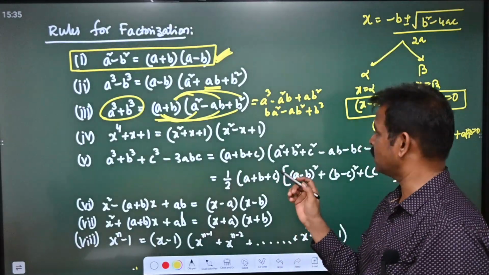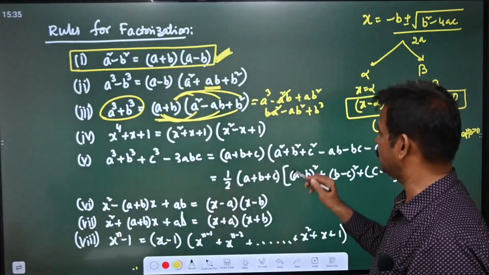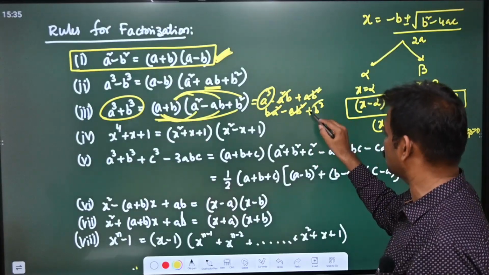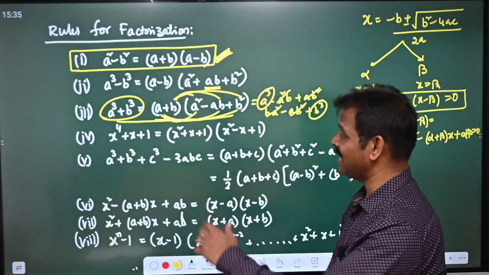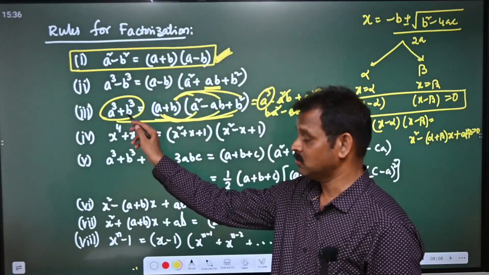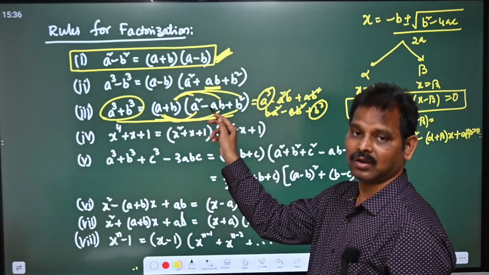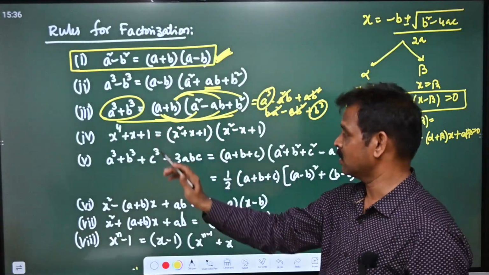If you observe this, ba square minus ba square cancel, minus ab square plus ab square cancel, the remaining terms are a cube plus b cube. So be careful, a cube plus b cube is a plus b into a square minus ab plus b square. Why? Because some students may think that here we have plus, so here plus. We should write minus here. If you write minus, then only this expression will become correct.